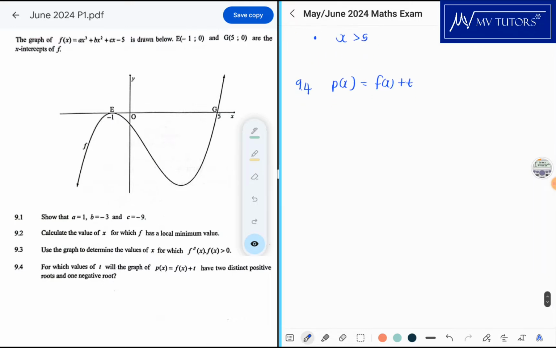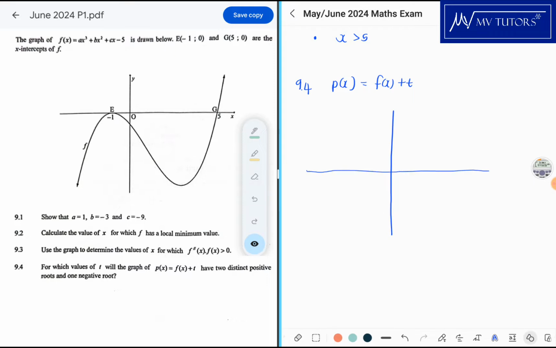Okay, so basically, I have my function over here. Okay, so currently, that's not what I wanted to draw.